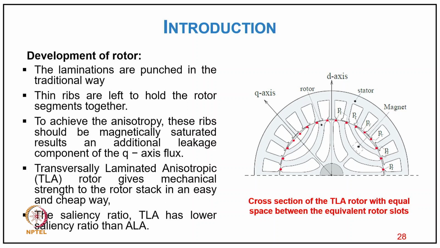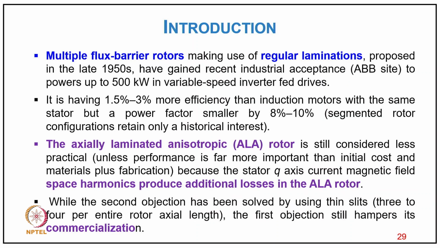To achieve the anisotropy, these ribs should be magnetically saturated, resulting in an additional leakage component of the Q axis flux. The transversely laminated anisotropic TLA rotor gives mechanical strength to the rotor stack in an easy and cheap way, and the TLA has a lower saliency ratio than ALA.